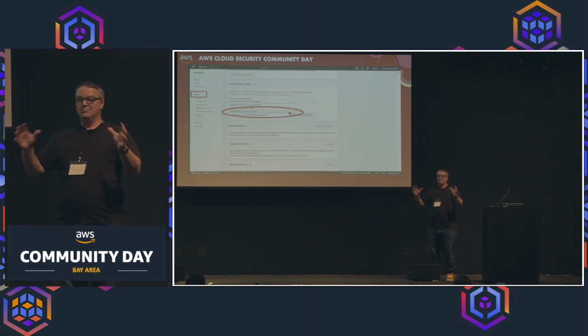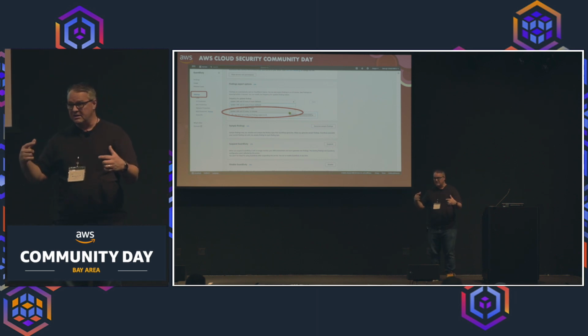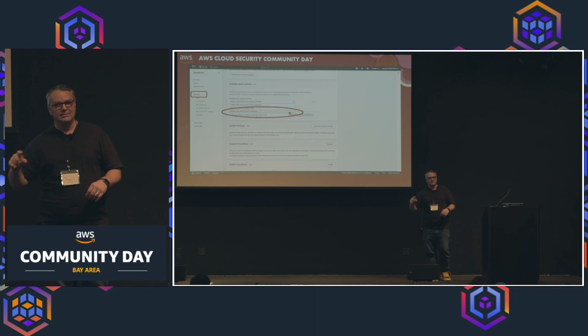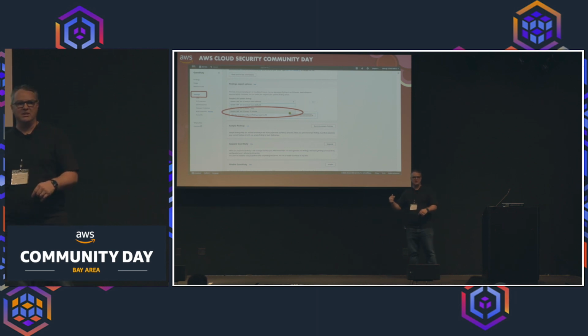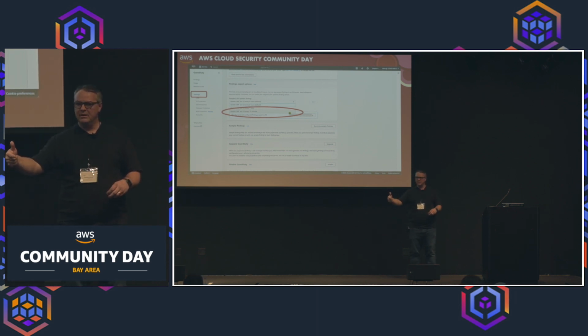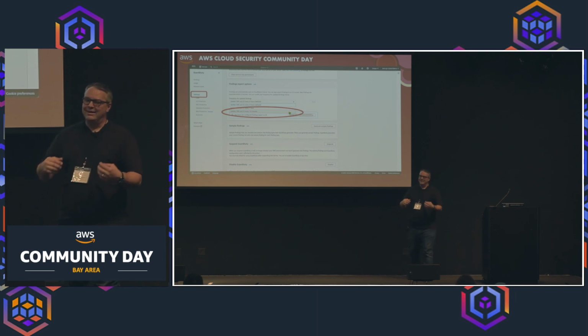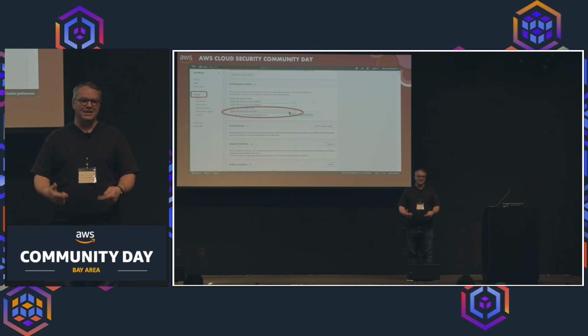GuardDuty's a managed service. It's got all kinds of things it'll detect for us automatically. But remember earlier when I said that malicious instance is someone that's on a known threat list, and I don't want it talking to someone on a known threat list? For my demonstration, I need to create that threat list to make it trigger the finding.